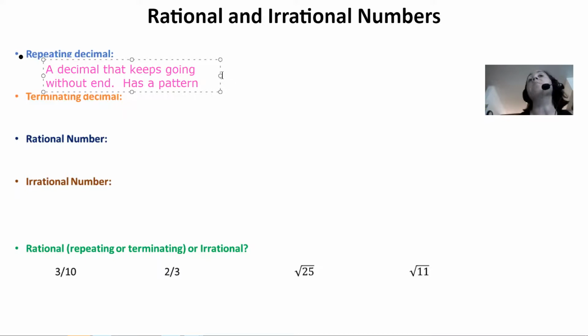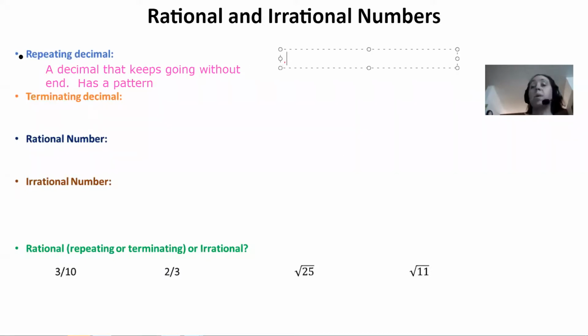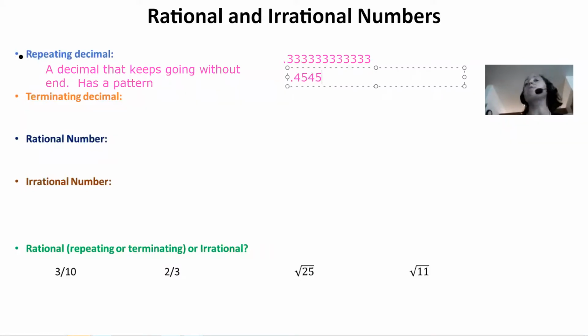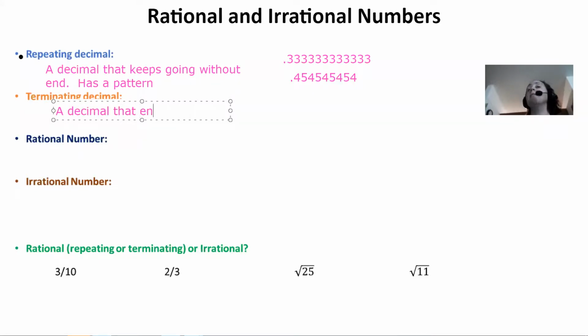Examples of this would be 0.3333333333 repeating, or 0.45454545. It's got to have some type of pattern to it. That's a repeating decimal. A terminating decimal is a decimal that ends.